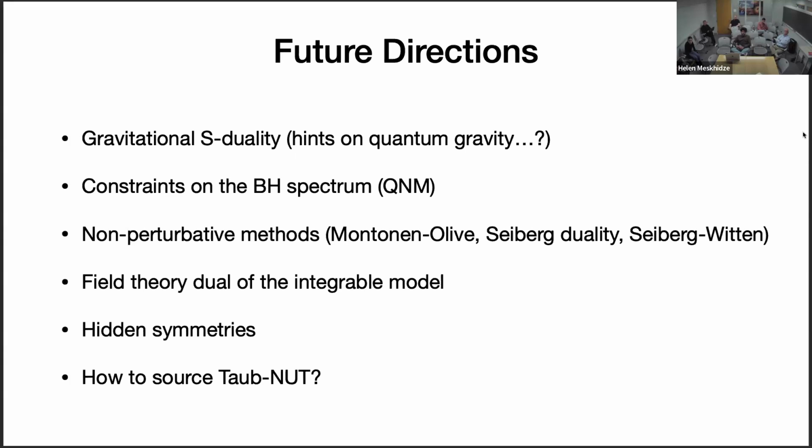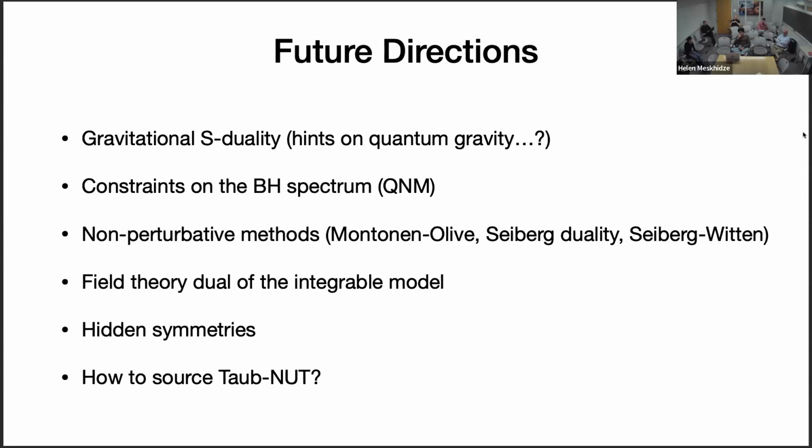If we understand now the classical duality in gravity, is it the gravitational version of S-duality? And can it hint about quantum gravity? I wrote quantum gravity just to trigger the mind, but I think that's probably too much to hope for. But maybe S-duality will be there in gravitational theory and will teach us something.